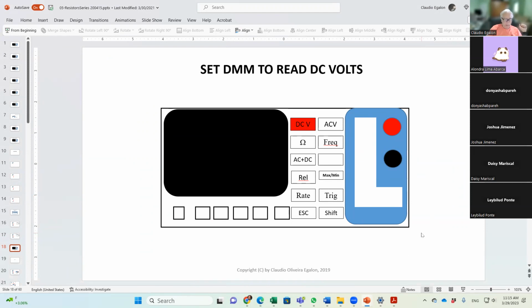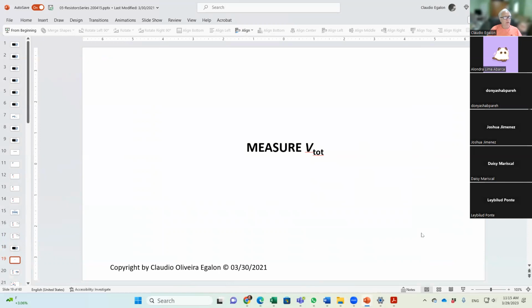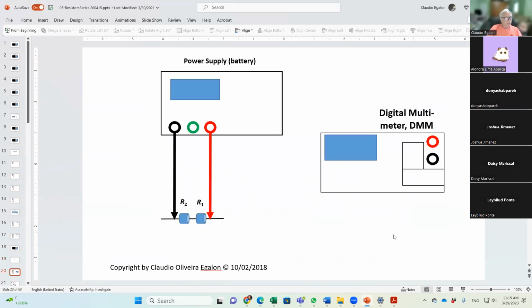Measure V total. And how do I measure V total? I call V total the total voltage across those two ends here of the resistors. Don't forget that the voltage is being split by the resistors. The total voltage of 10 volts is going to be split by the first resistor, depending on the value of the resistor, to a given voltage, and the second resistor as well.